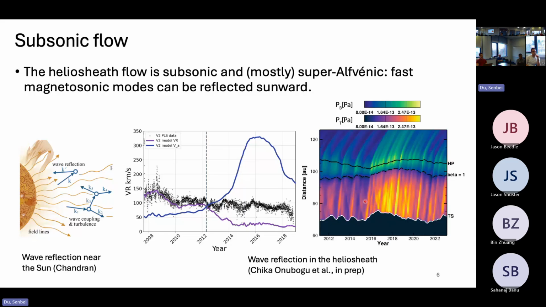And so of course, the difference between this and the inner heliosphere is that these are much larger time scales and larger spatial scales. So these are years and many AU. And also the heliosheath flow is still mostly super-Alfvénic because the termination shock is a fast shock.